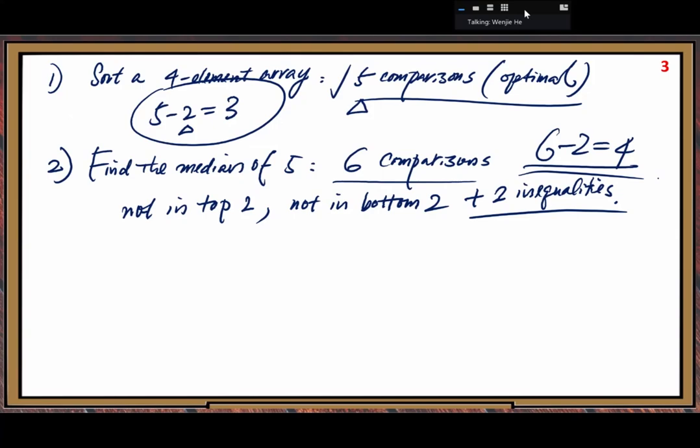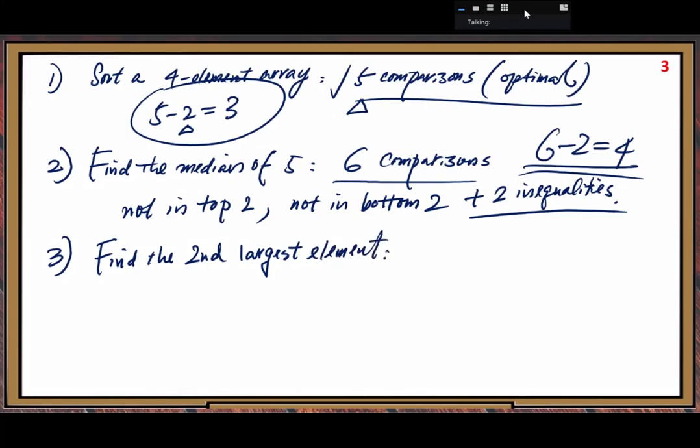That's the second one. The third one, find the second largest element, right? So we use that formula a lot. Find the second largest element.